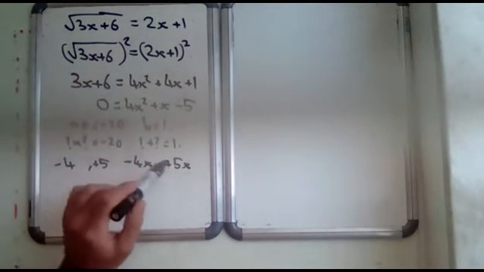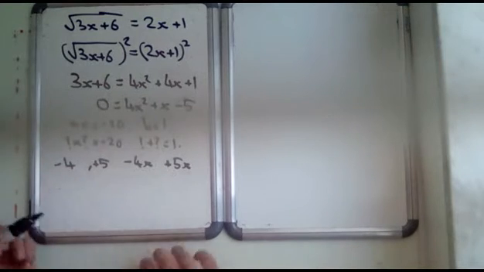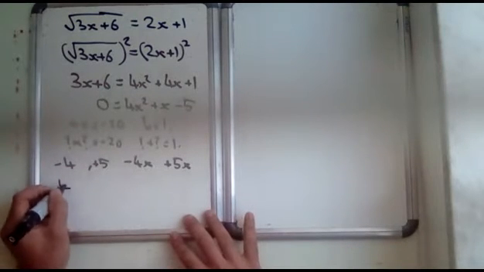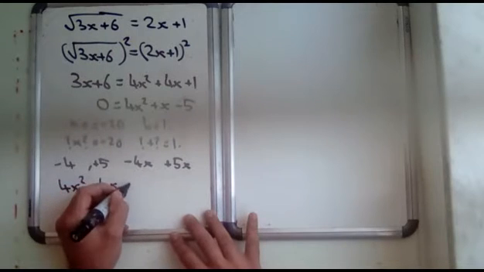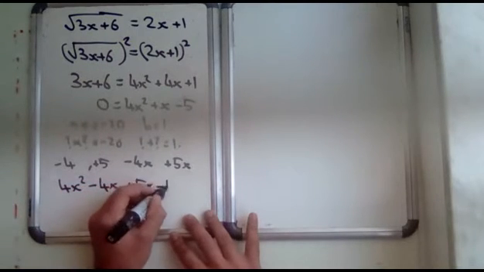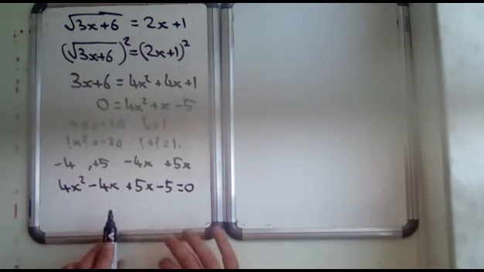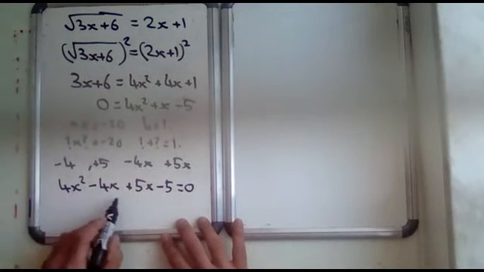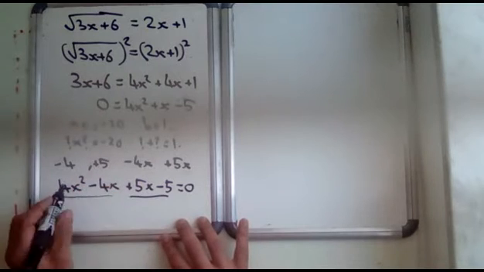So you're going to put the 4x with the 4x squared and the 5x next to the 5. So you're going to have 4x squared minus 4x plus 5x minus 5 equals 0. So it was 0 equals before, now it's equals 0. Factorise these two in pairs, this pair and this pair.